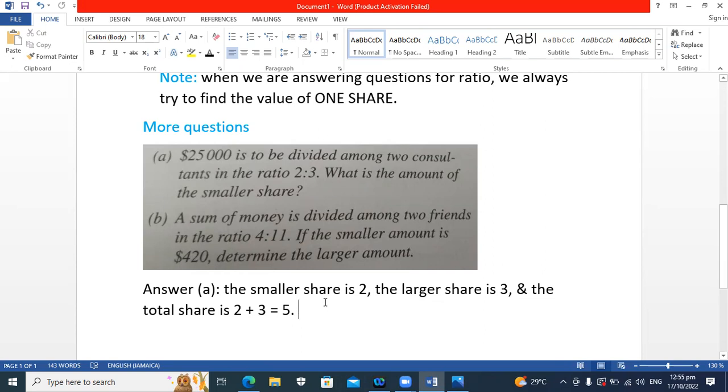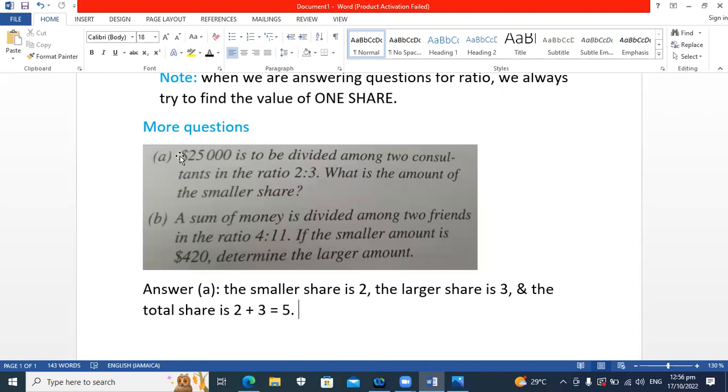All right, so as I was saying, to find the value of 1 share, you need to connect whatever you're sharing to the share. So in A, because 25,000 is supposed to be shared among 2 consultants, to get the value of 1 share, it will be 25,000 divided by 5.